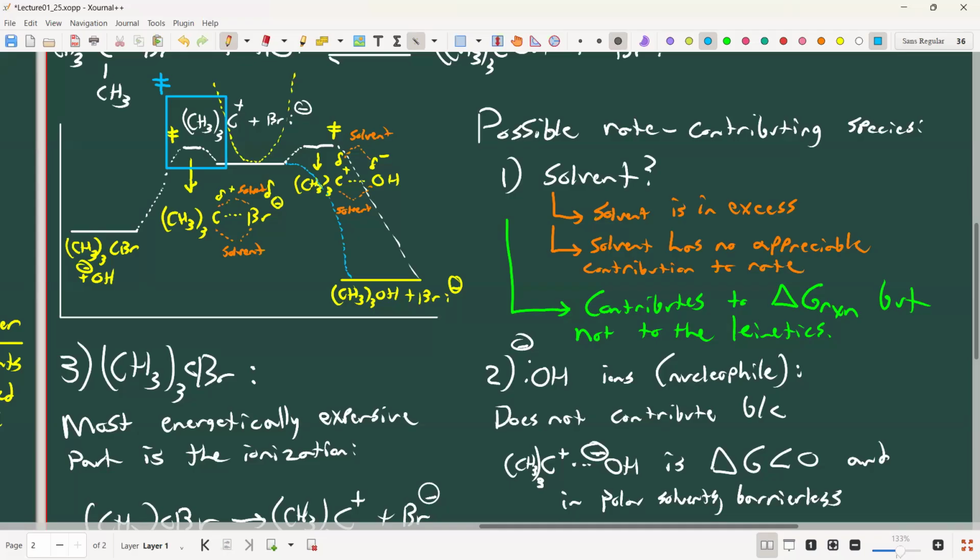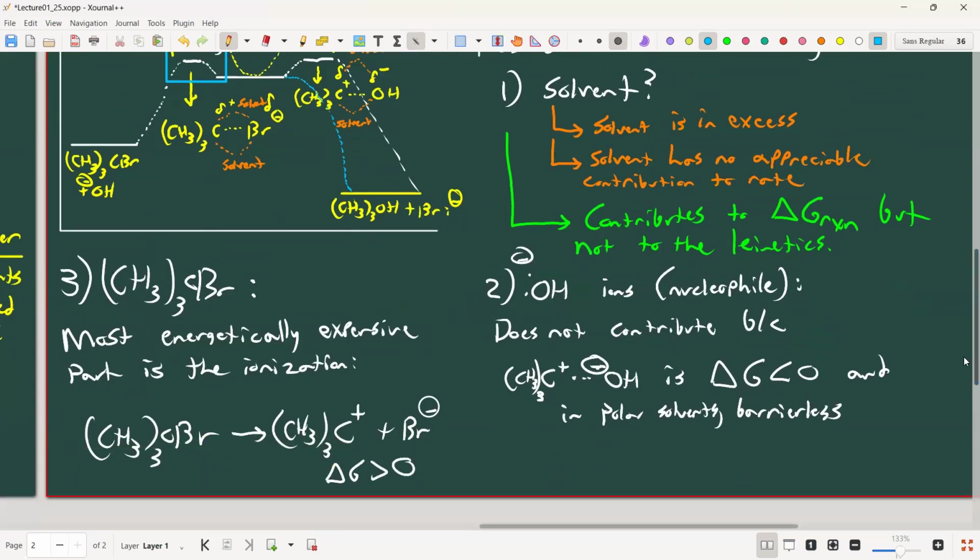Remember, in SN2, the transition state is where the OH is coming in and the Br is leaving. This happens in two steps. The Br leaves, and then eventually the OH comes in and reacts. And so the transition state for this process is just the breaking of the carbon-bromine bond. So this is the transition state here, and it's the thing that determines the kinetics. And because it determines the kinetics, we call this the rate determining step.